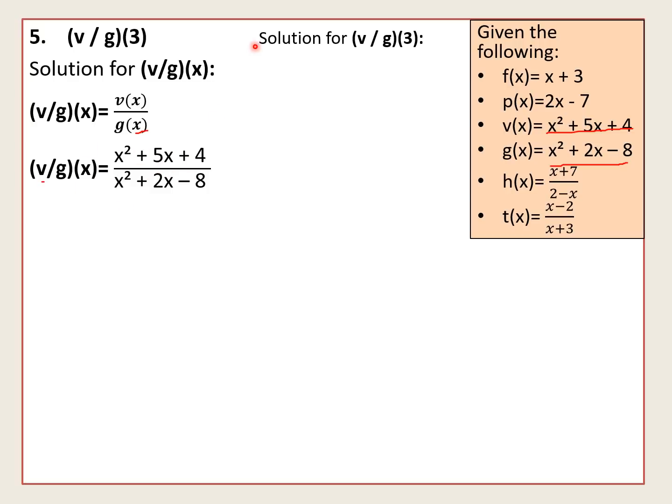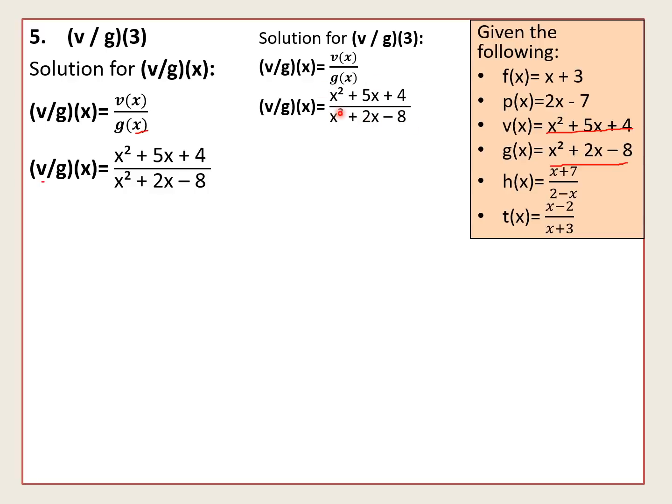I will show it. So, solution for v over g when x is 3. So we are now evaluating functions. Of course, what is the quotient? The quotient we got, we write it first, is this. So, v over g of x: the value of v of x is x squared plus 5x plus 4, and x squared plus 2x minus 8 for g of x.